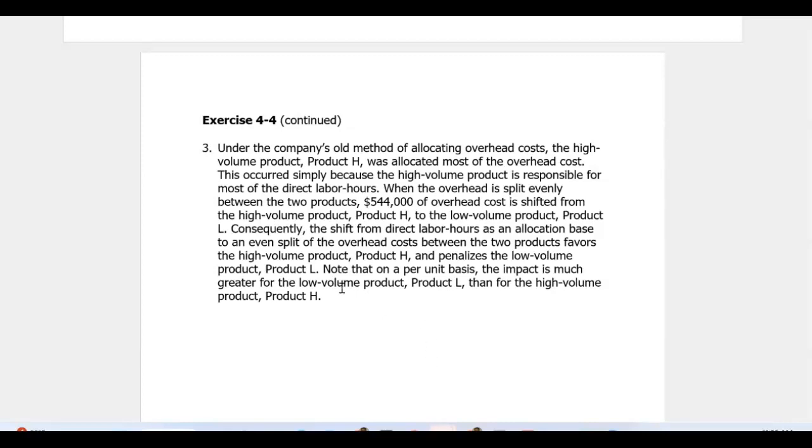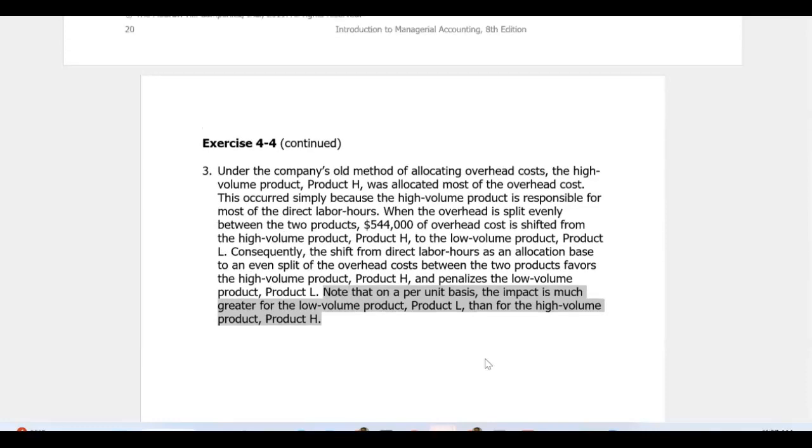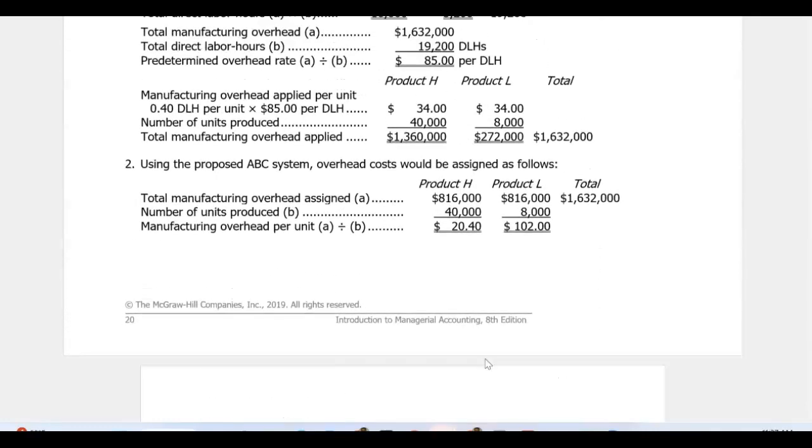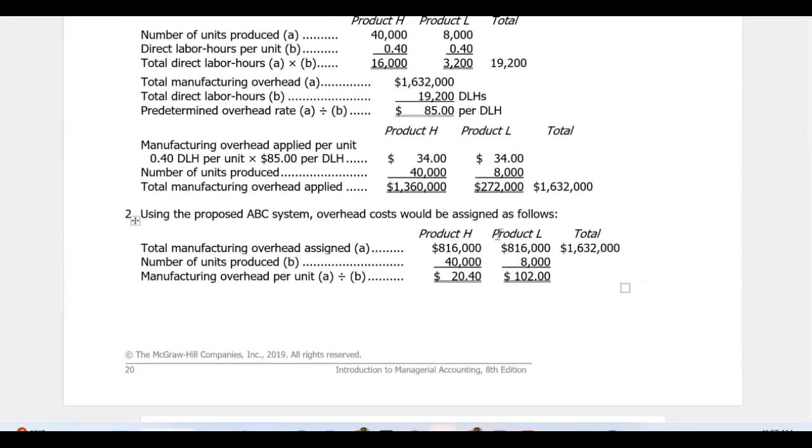One thing that is interesting, and you might even get a question on it, either in my class or in a CPA exam, is this one. Note that on a per unit basis, the impact is much greater for low volume product L than for high volume product H. If we go back, you see product L is a low volume product, and product H is a high volume product.